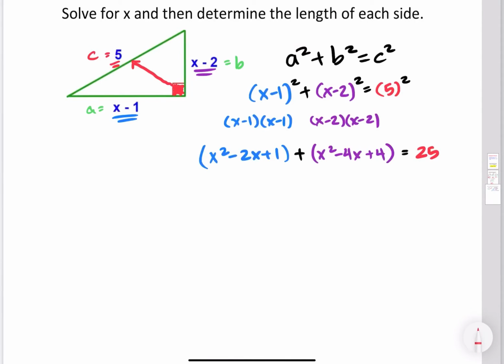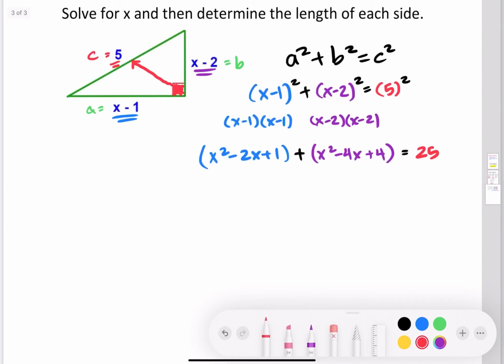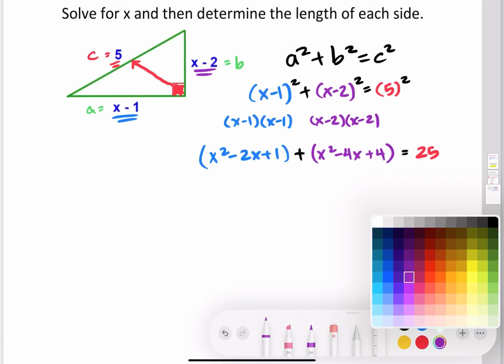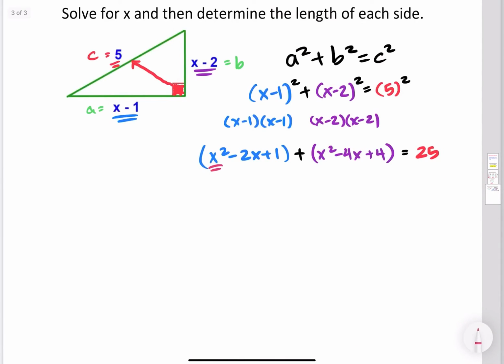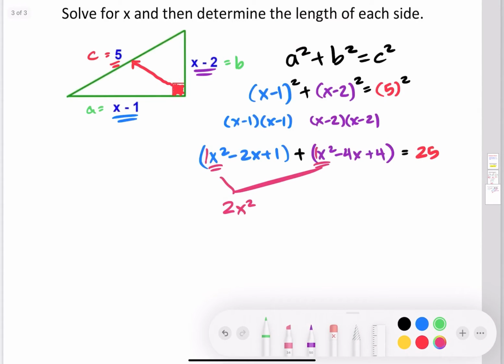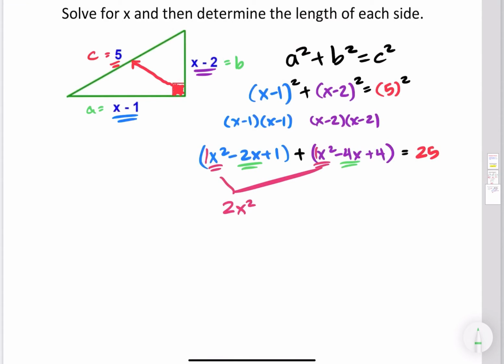Okay, so now what we want to do is combine our like terms. The first term that I'm going to combine is these x squareds. So I've got a 1x squared, remember, there's a 1 in front of these, and another 1x squared, giving us a total of 2x squared. Then I'm going to combine my x's: negative 2x and negative 4x gives me a total of negative 6x.